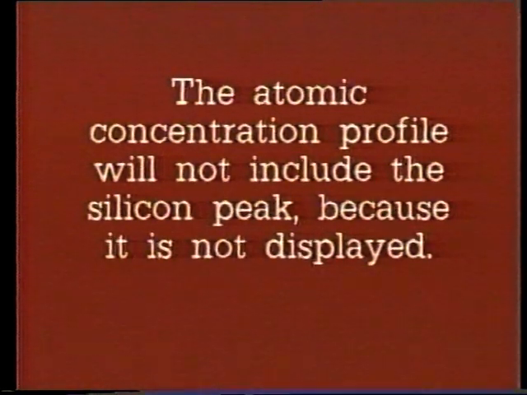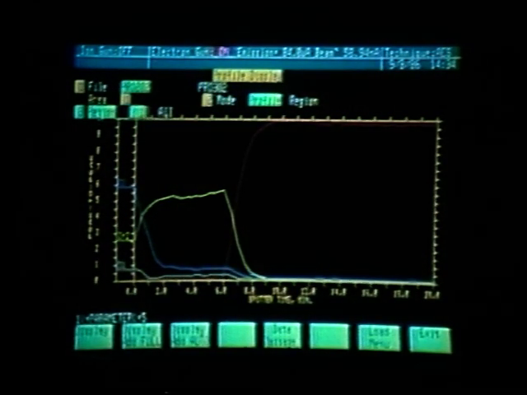If we now ask for an atomic concentration profile, it will not include the silicon peak because the silicon peak is not displayed. It will again calculate the atomic concentration at every cycle with only the peaks we have displayed, that being carbon, chromium, oxygen, and copper.